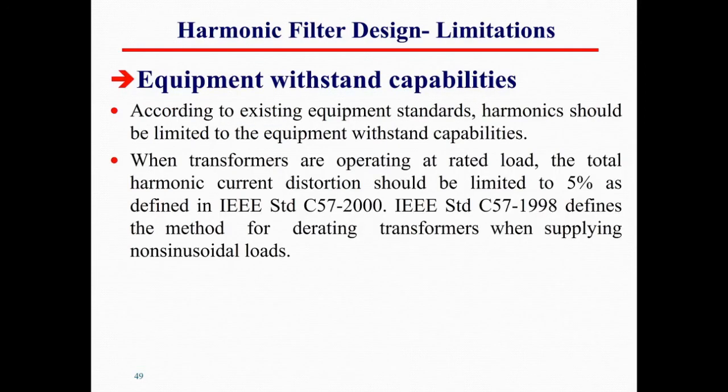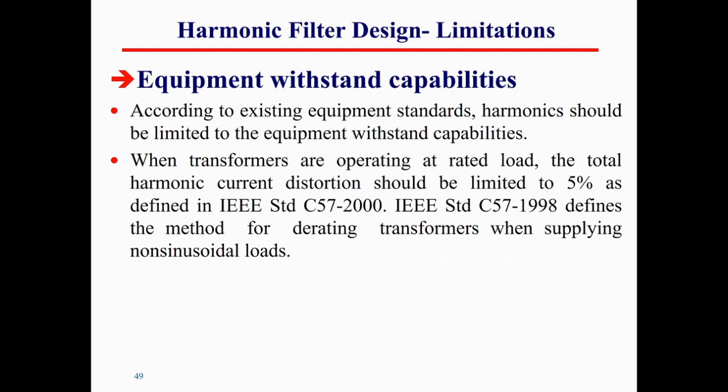Harmonic filter design limitation. Equipment withstand capability. According to existing equipment standard, harmonic should be limited to the equipment withstand capability. Like what we discussed already in the transformer, that if the transformer is designed to provide power to the normal equipment, then of course based on the size of the equipment, then we can choose the transformer size.